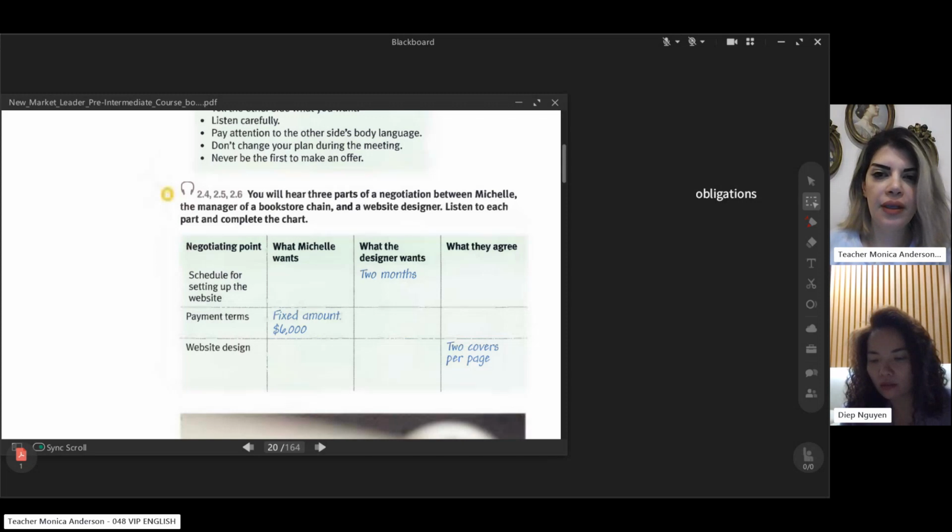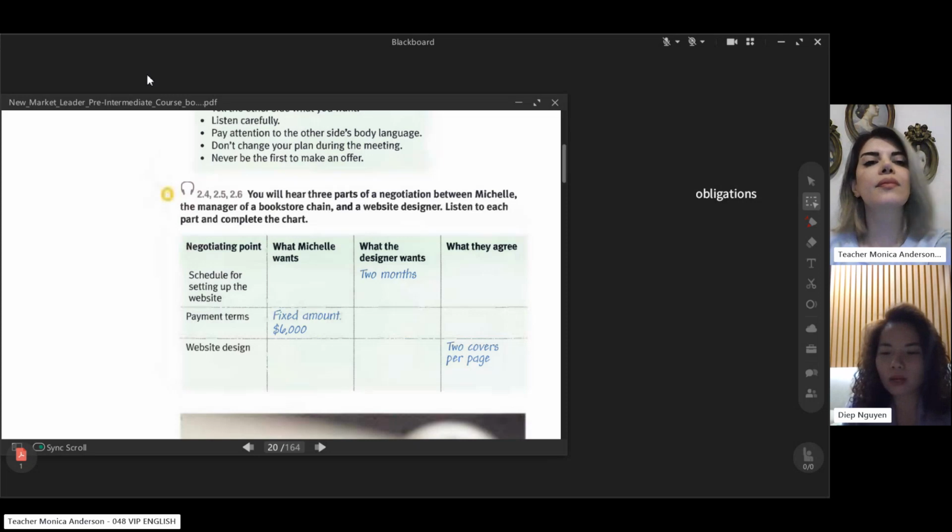The designer wants $50 per hour, but they agreed on $6,000, with half paid first and half after the website is finished. So the fixed amount is $6,000, but half in advance, of course.